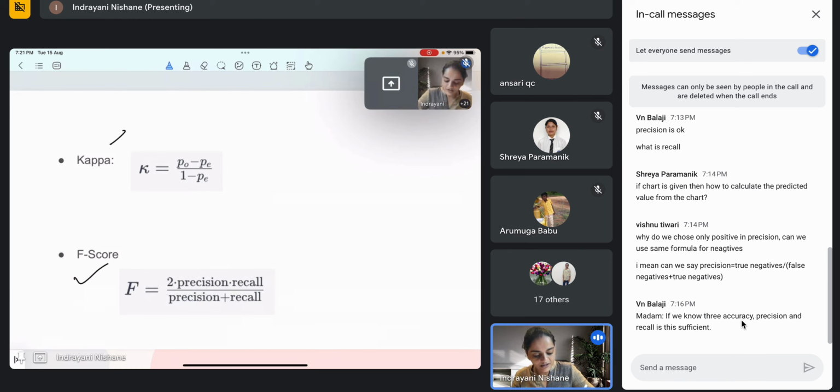Yeah? So kappa score is something different. Kappa score is generally used for inter-rater agreement. So what does inter-rater agreement mean? You remember we had spoken in week 1 about manually observing something and noting it down, right?